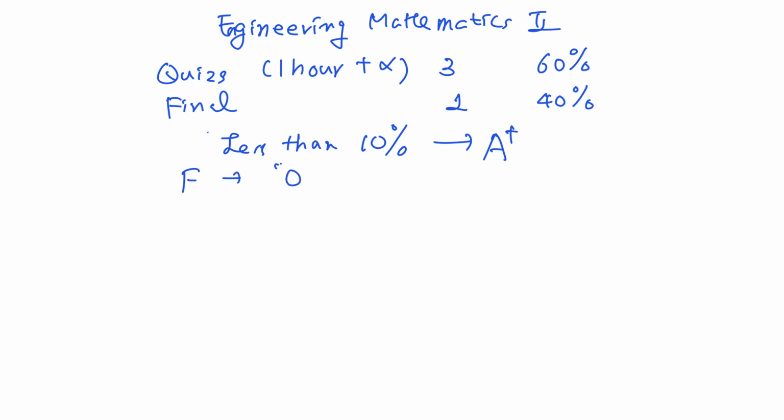You have to be absolute zero. So if you got maybe 10 points out of 1,000, you will still get a D minus.